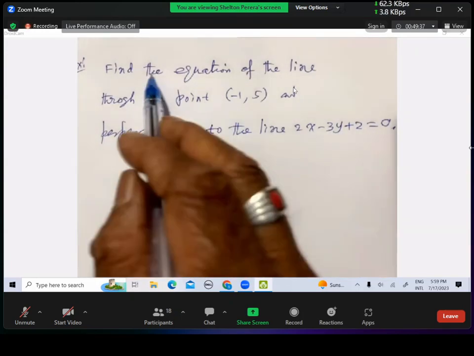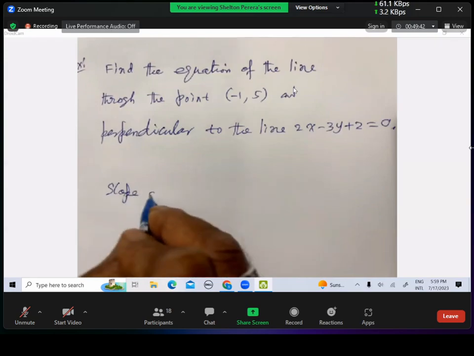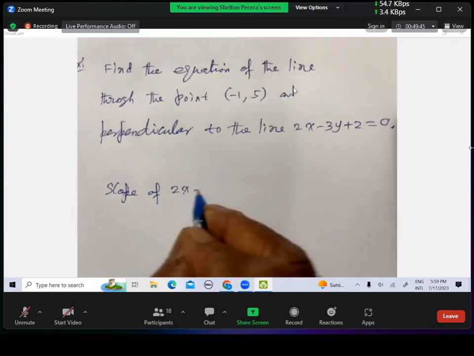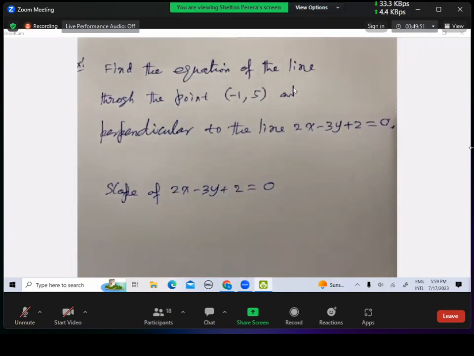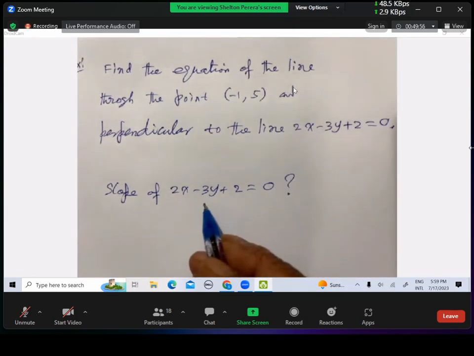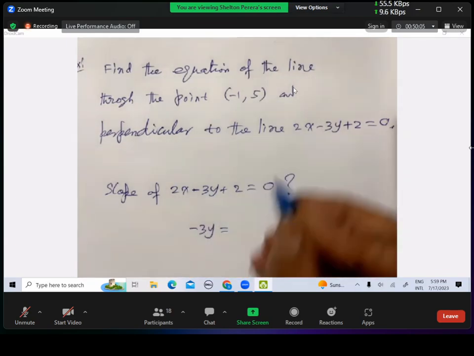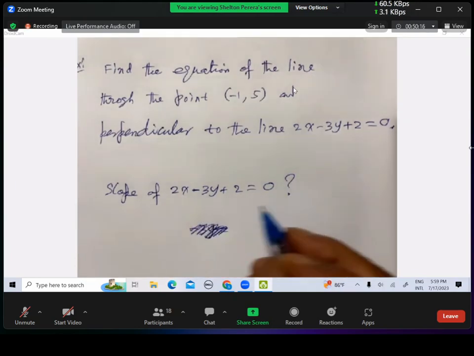So let us find the slope. What is the slope of 2x minus 3y plus 2 equal to 0? How do you find the slope of this? Take 3y to the other side, with a positive coefficient.